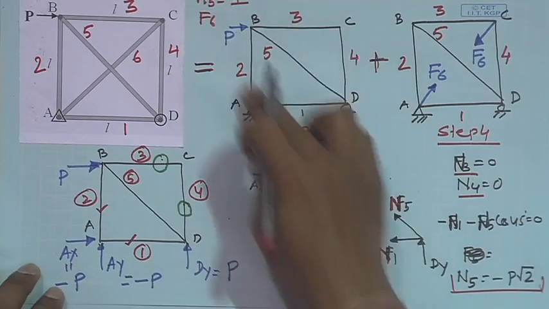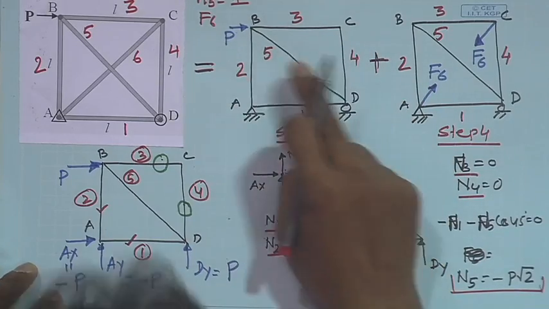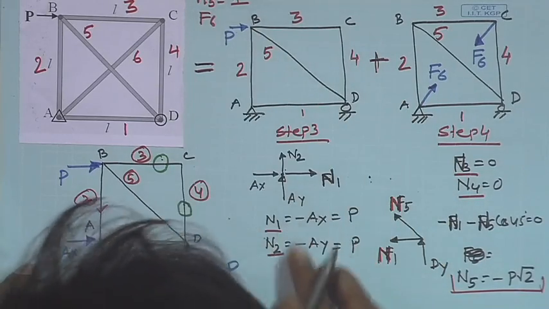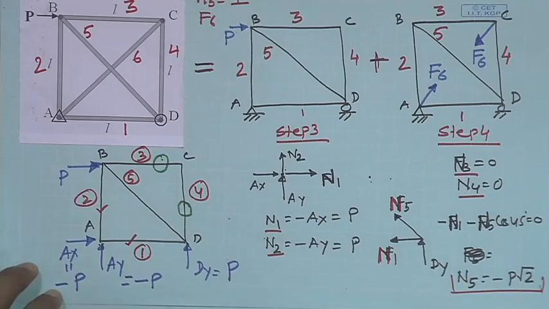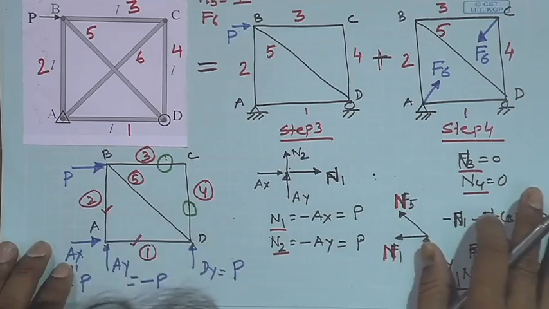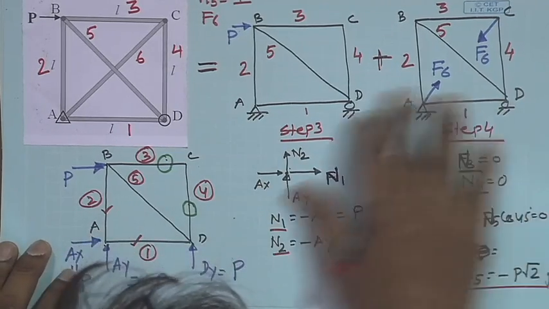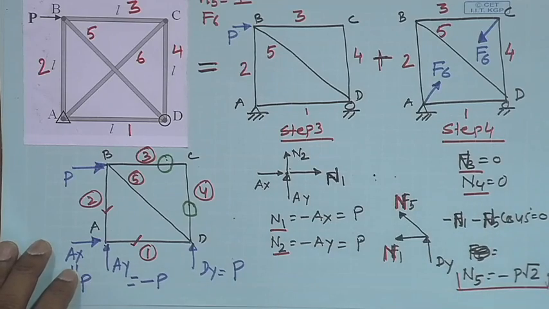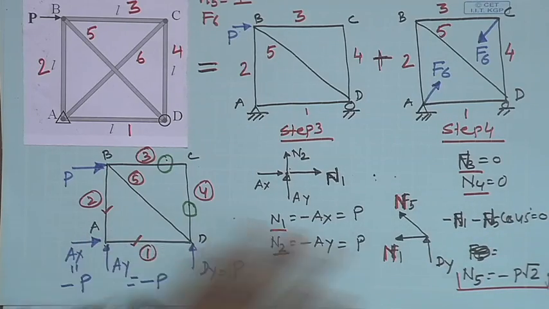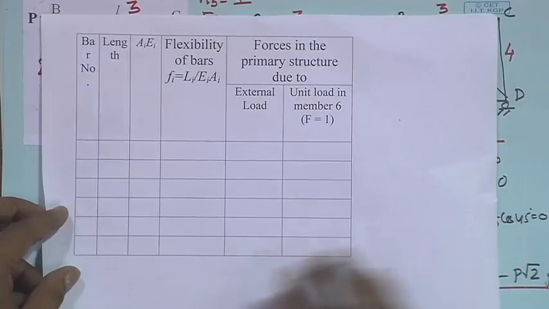So, for the primary structure subjected to the load, we have found all the member forces. Now, it is very convenient to write all these things in a tabular form instead of writing in a haphazard way. This is the tabular form.